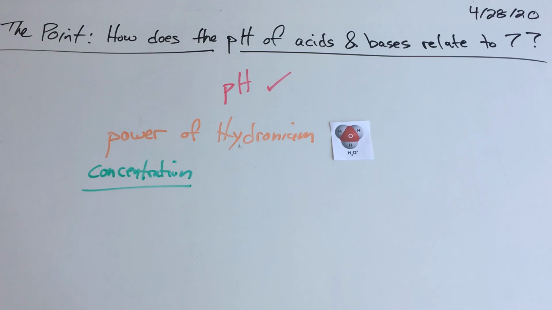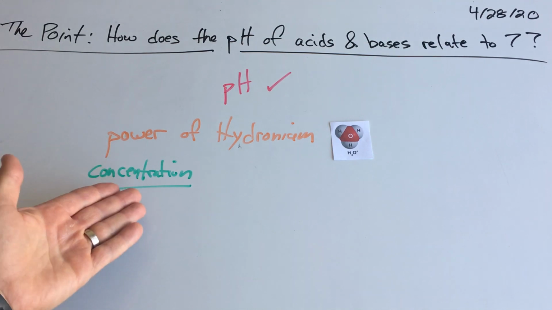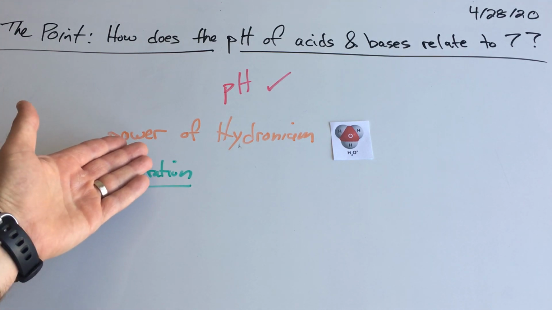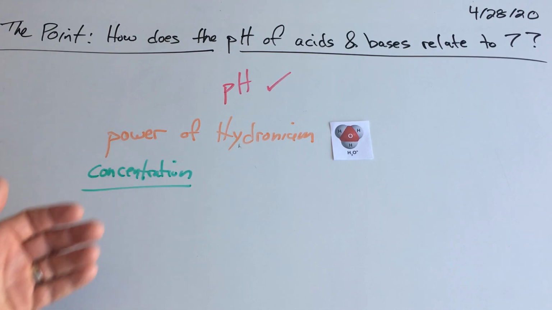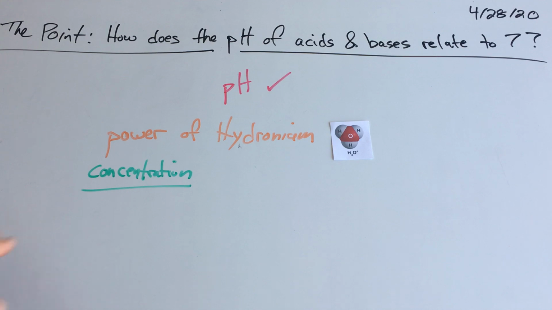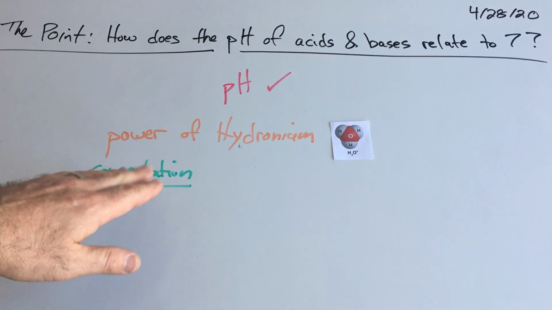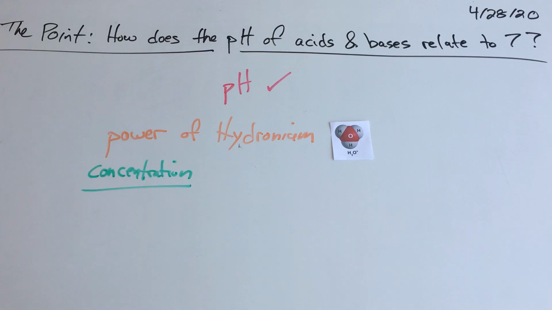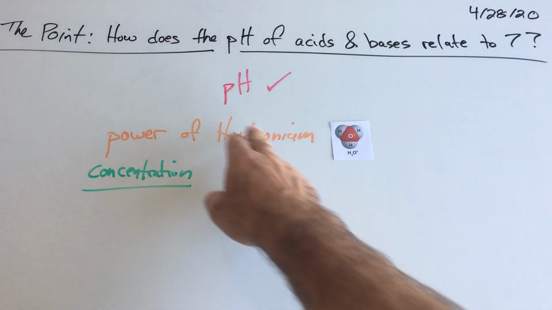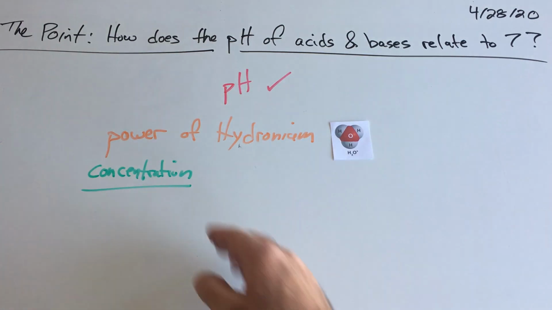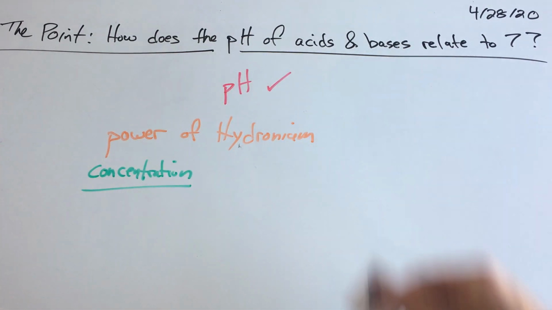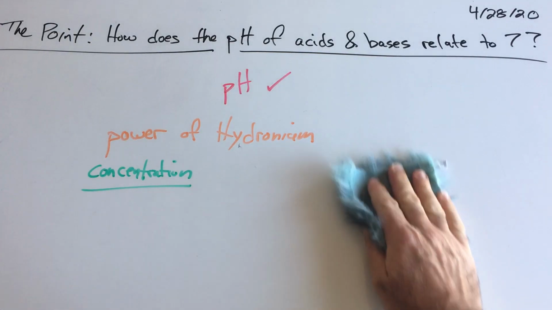So if we think back to drinking lemonade in the classroom, lots of lemonade, lots of concentration, gave you a real powerful flavor in your mouth that you probably hated, unless you're Ben. Low concentration, not much lemonade, gave you not a very powerful flavor in your mouth. So it should be concentration of hydronium. This should be CH, but they went with power, which is kind of fun. Can't say I blame them. It's also French, by the way.